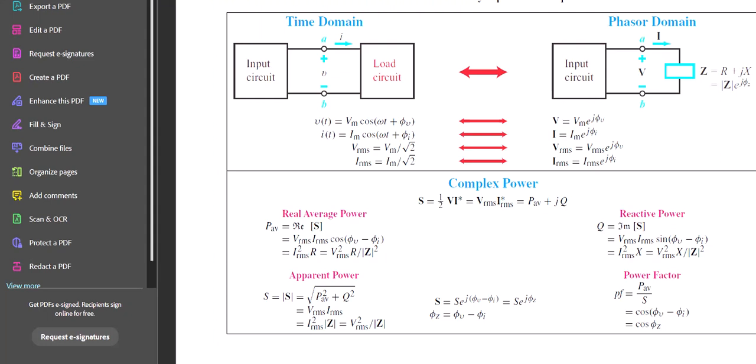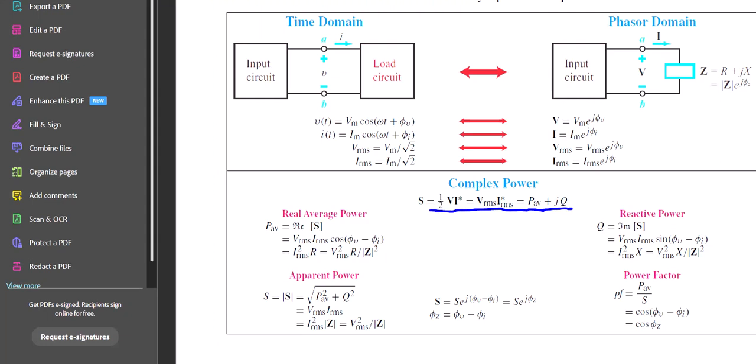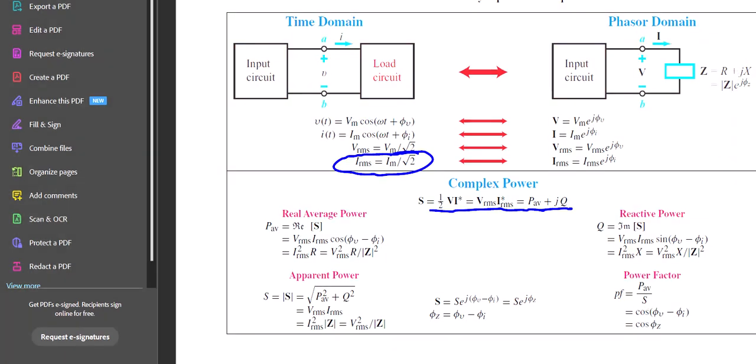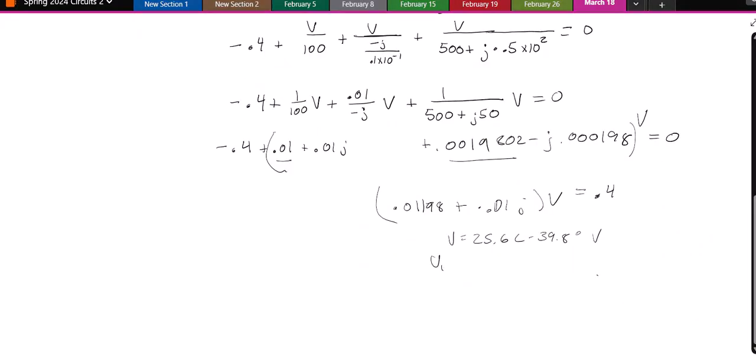But notice in my complex power right here, I have 1/2 V I conjugate, or V RMS I conjugate RMS. The 1/2 comes from the fact that the RMS is the maximum divided by the square root of 2. Well, what's the maximum? Your phasor, that coefficient on your phasor, that's the maximum. So V max is 25.6, and V RMS is 25.6 over the square root of 2.